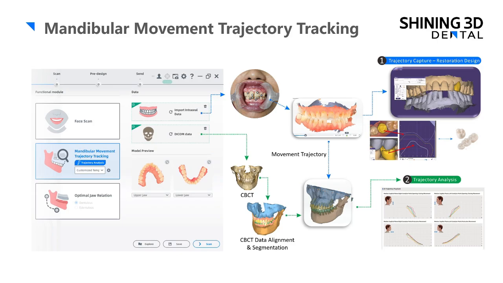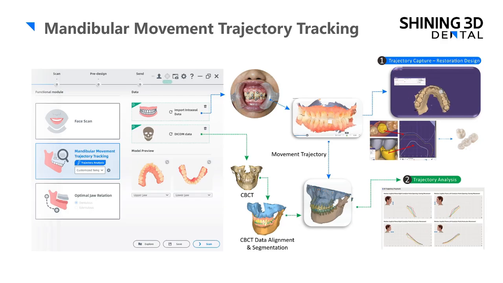The first function about the jaw motion module I would like to introduce is the mandibular movement trajectory tracking. As you can tell by its name, it can capture the trajectories and can be exported into design software to help with the restoration design. It can cut off some pre-contact points and improve the fit and functionality of the prosthesis that you design and put inside the patient's mouth.